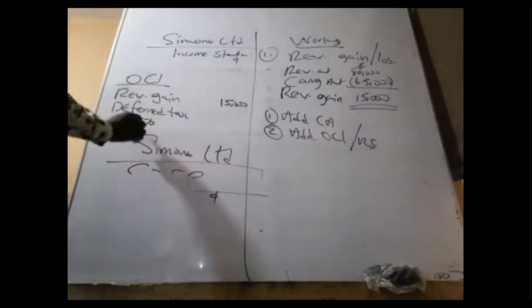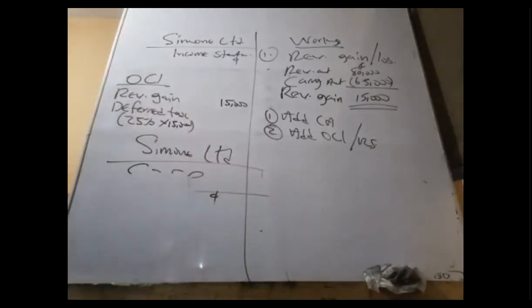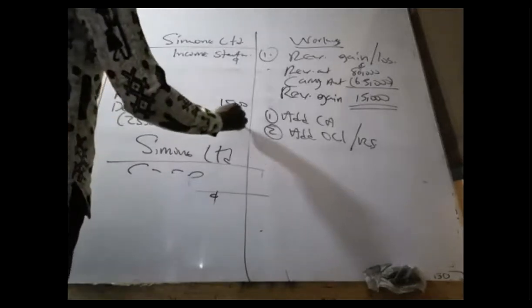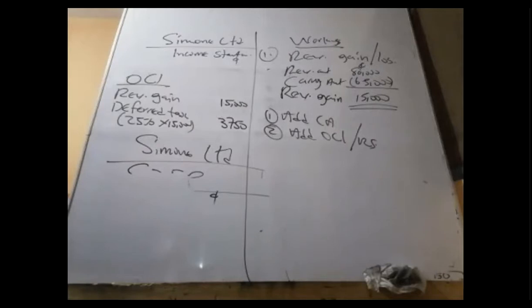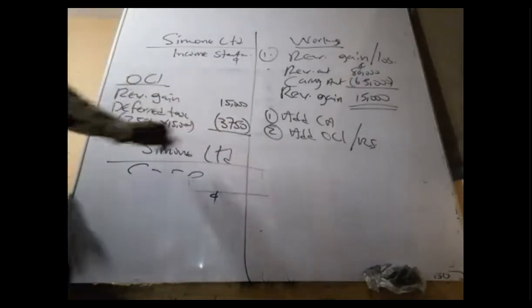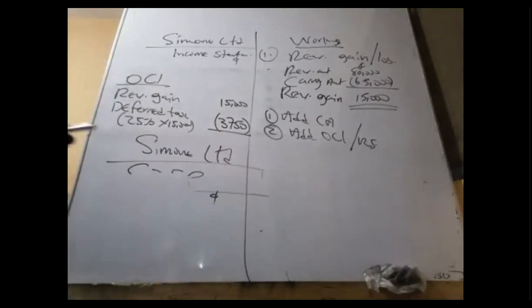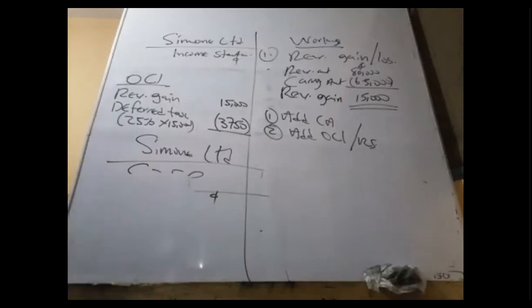What do you get? 3,750. Good. So you put this in brackets and you can find the net answer. Yes, that's the net of OCI. That's the first thing that you do.